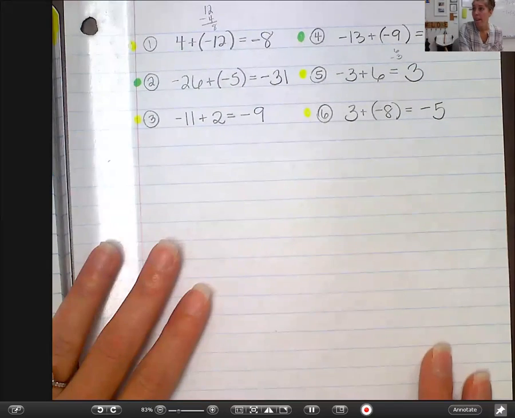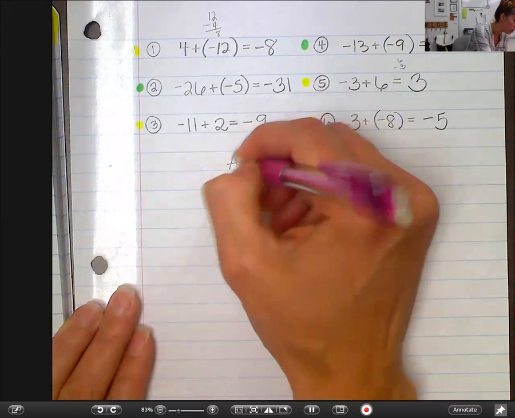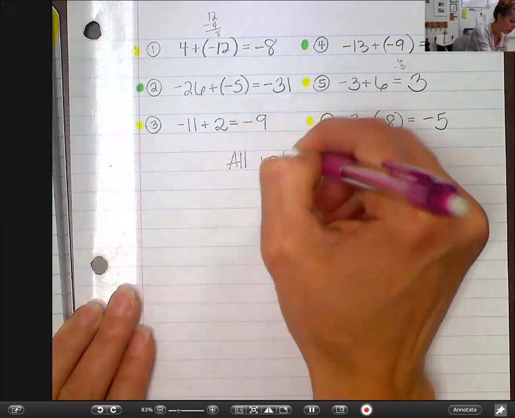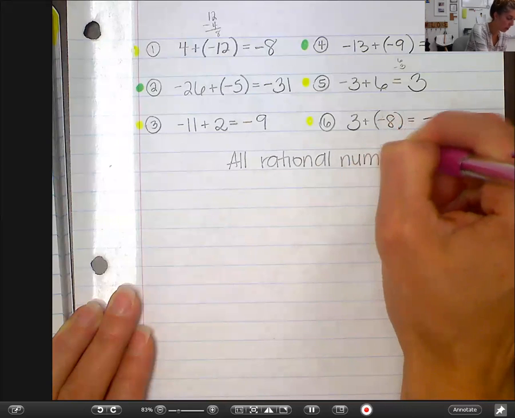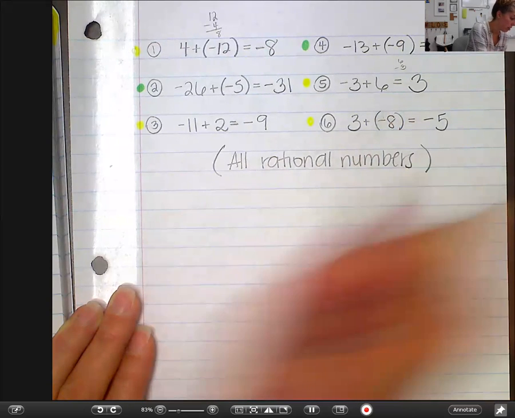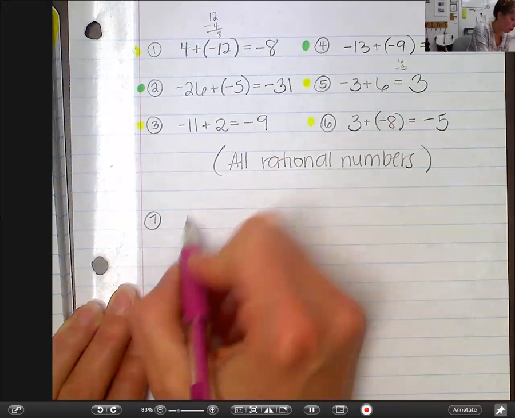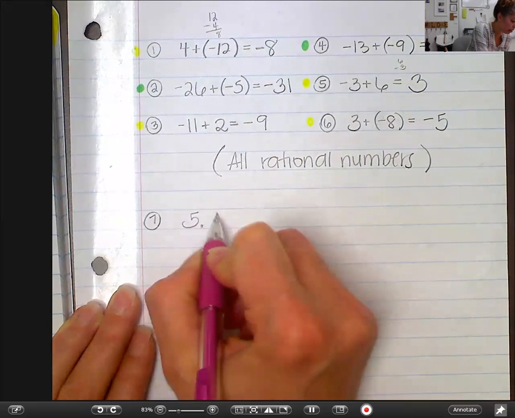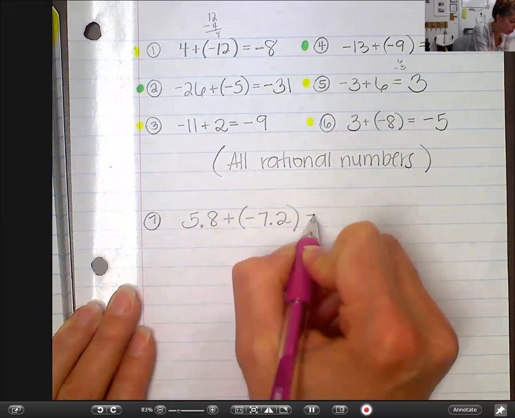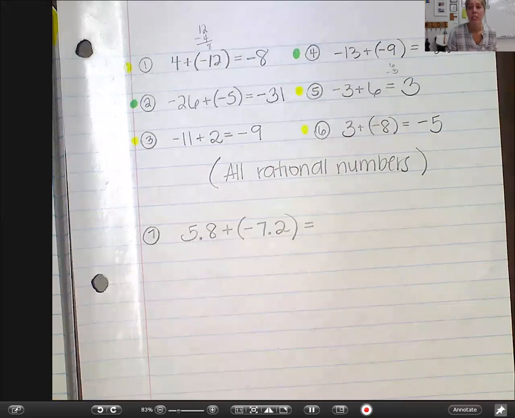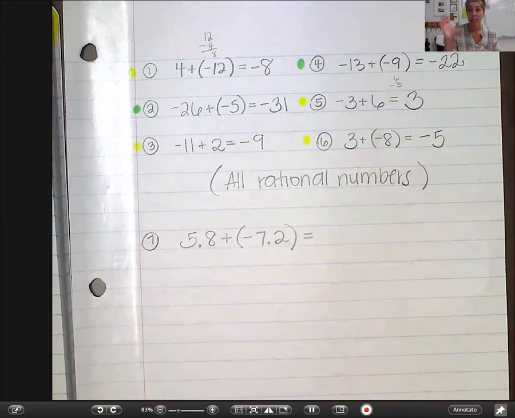All right. So the first one we're going to do includes all rational numbers. Number 7. Let's do a decimal first. So 5.8 plus negative 7.2. If I ask myself that question, do they have the same sign?